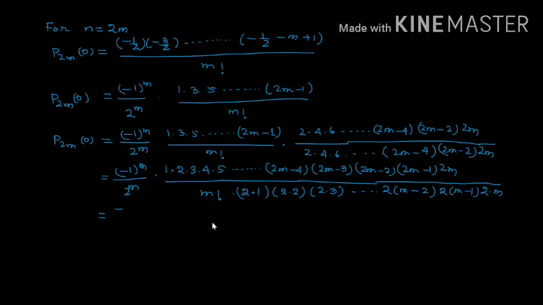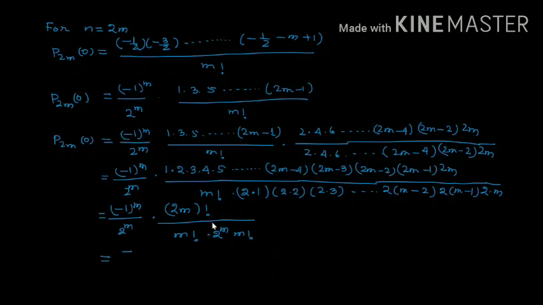This is equal to minus 1 to the power m by 2 to the power m and 1 into 2 into 3 into 4 up to 2m, that is 2m factorial, divided by m factorial into 2 to the power m, then 1 into 2 into 3 up to m minus 2 into m minus 1 into m, that is m factorial.